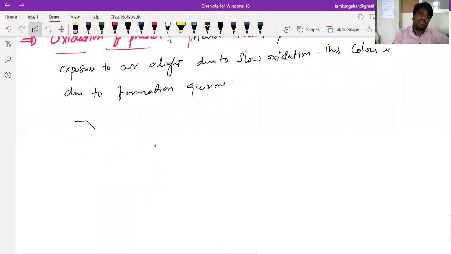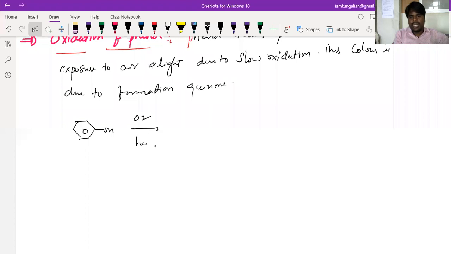So this is your phenol, which on oxidation with O2 and light will be converted into benzoquinone. Okay, this is what you call benzoquinone.